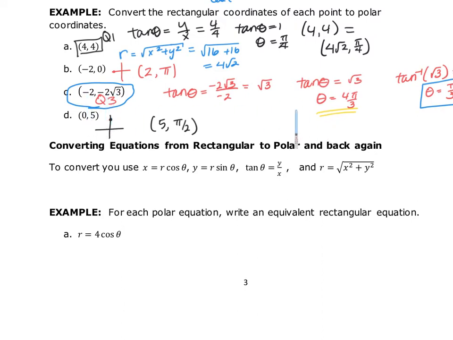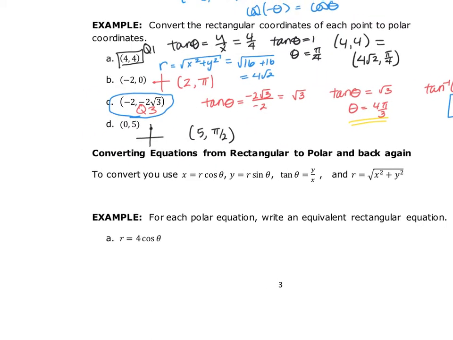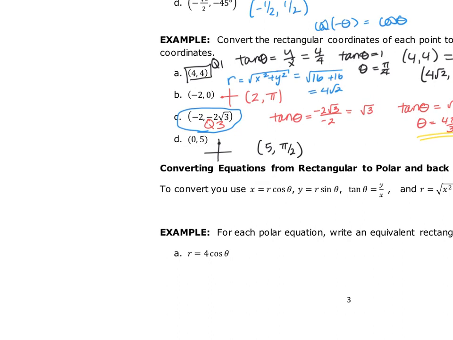So now that I've found my angle, all I have to do is find my radius. And again, x squared plus y squared is equal to r squared all day long. So r is equal to the square root of negative 2 squared, plus negative 2 square root of 3 squared. So I'm going to have the square root of 4 plus 4 multiplied by 3.